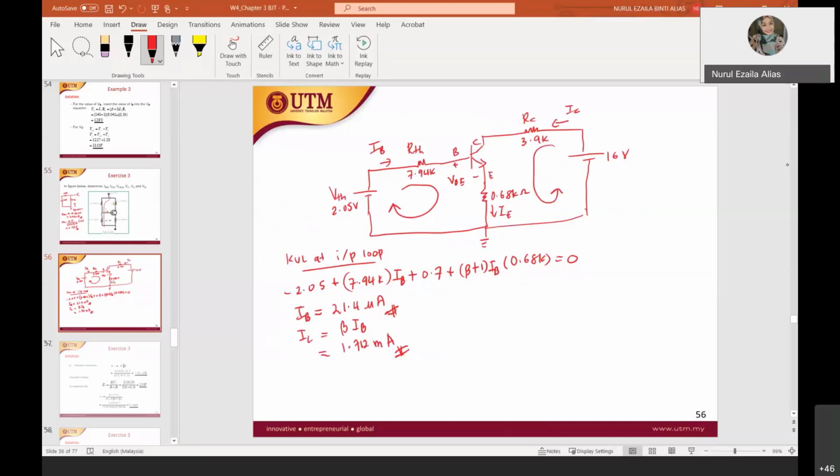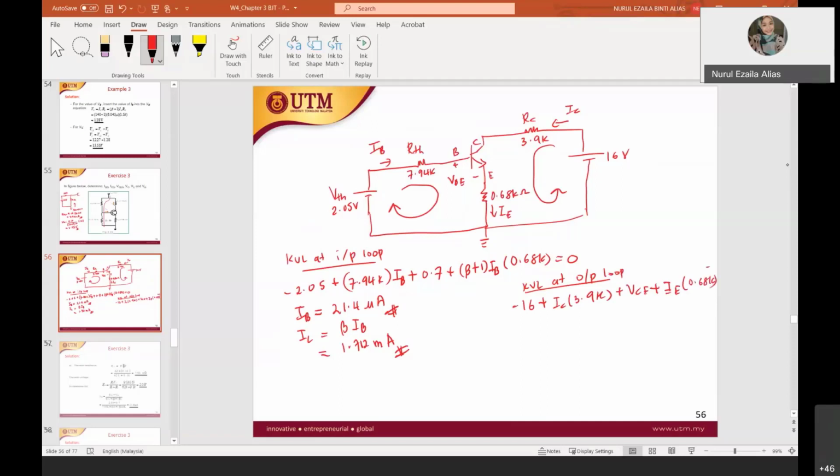Now apply KVL at the output loop: minus 16 plus IC times 3.9K, plus VCE, plus IE times 0.68K equal to 0.